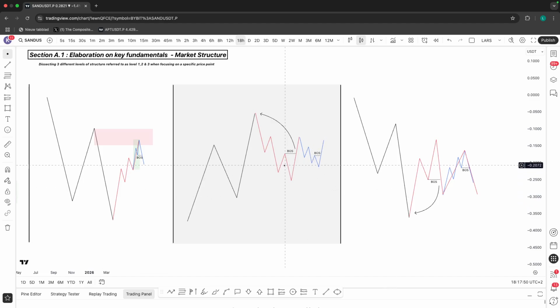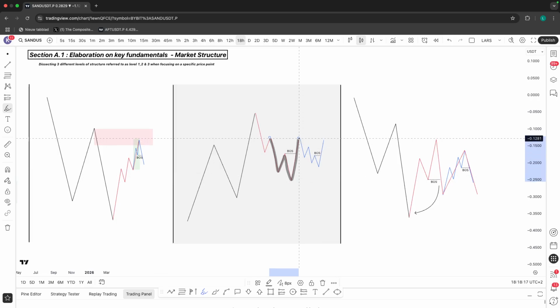However, if I'm more zoomed in on this region right here, and I'm keeping my focus, for example, on this breaker structure right here, and I'm placing my focus on that break, then that is going to be my level 1 breaker structure.